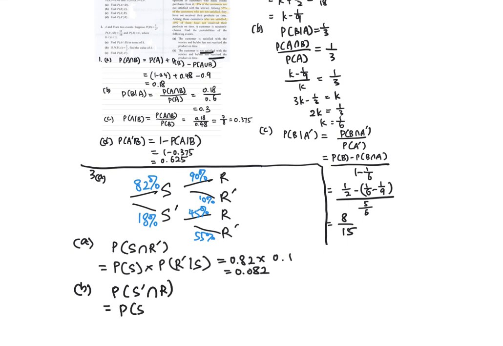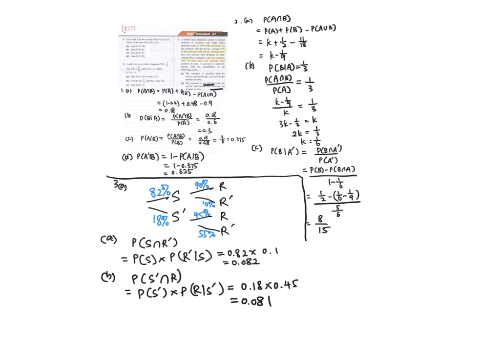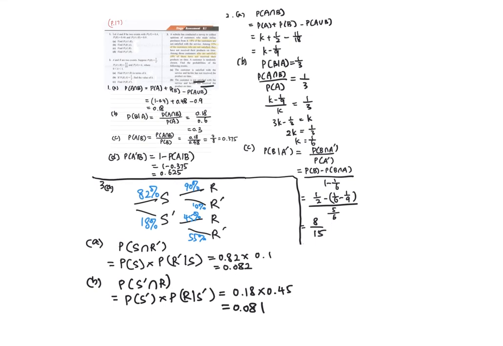This is the probability of not satisfied times the probability of receiving the product on time given not satisfied. So in this case it is 0.18 times 0.45. So the result is 0.081. This is how you do question number 3C.